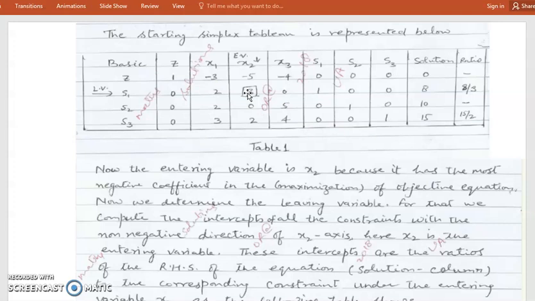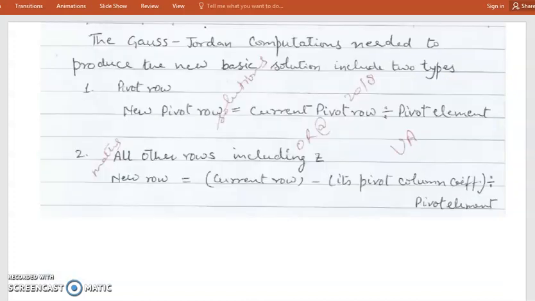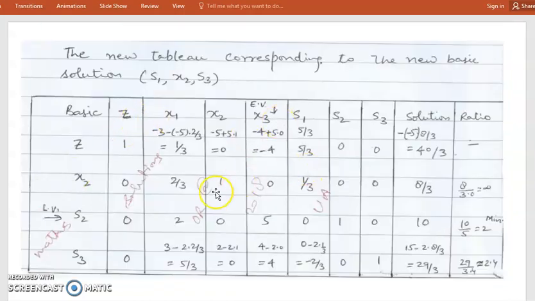Now we need to do some further calculation, which I have shown again in this table. This is the basic variable, entering variable, solution, and here we are finding ratios, and this one is the minimum. For further calculations we need Gauss-Jordan. So the next table we can write with the help of the above formulas.